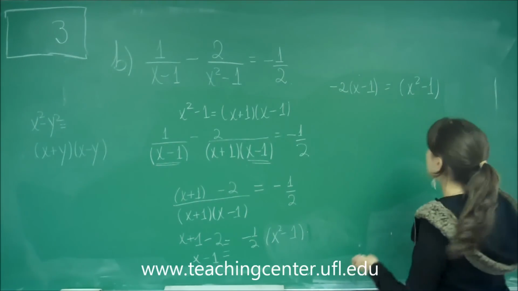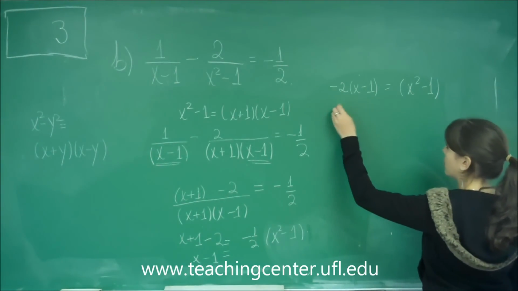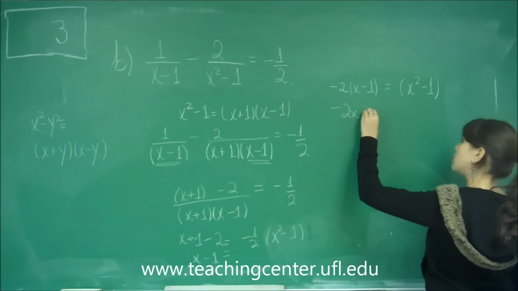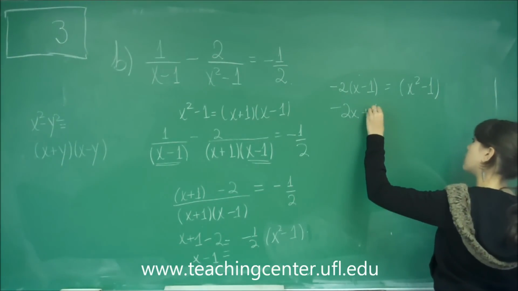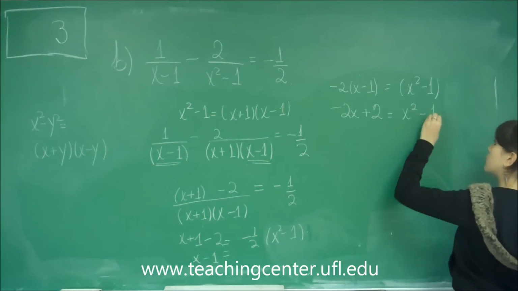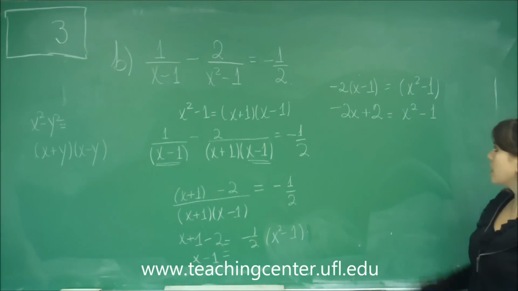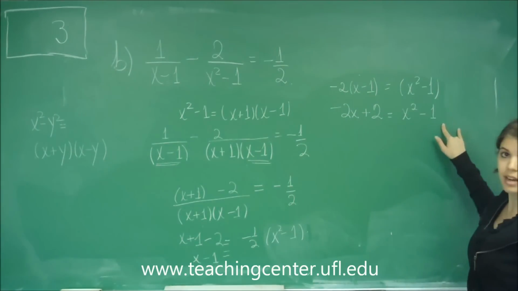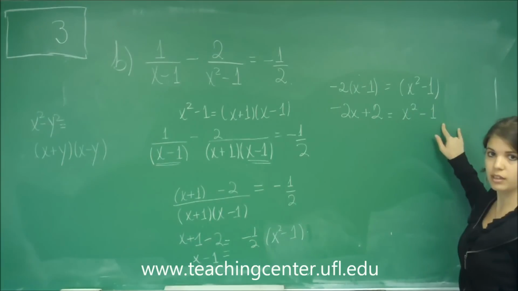It's the same thing. So let's distribute the negative 2. We get negative 2x. Negative 2 times negative 1 is positive 2, equals x squared minus 1. So now this looks very neat. Let's bring everything over from this side to this side in order to factor and find our x's.